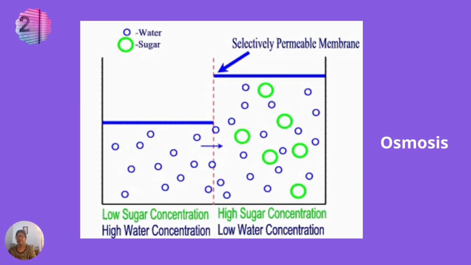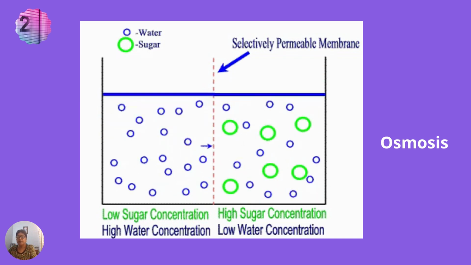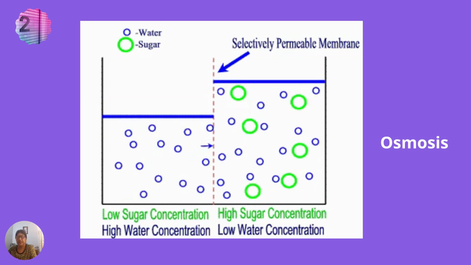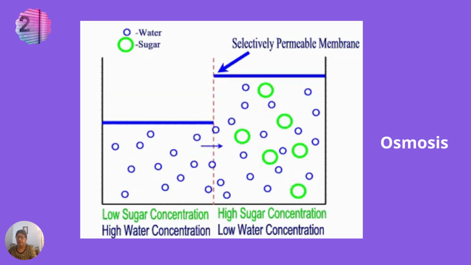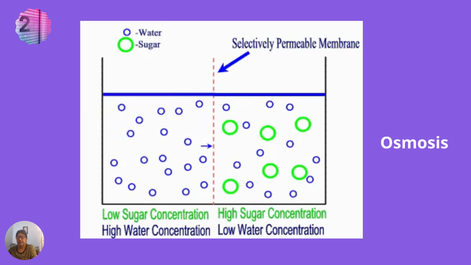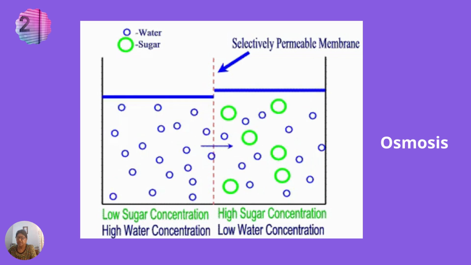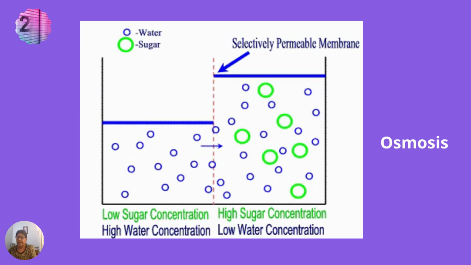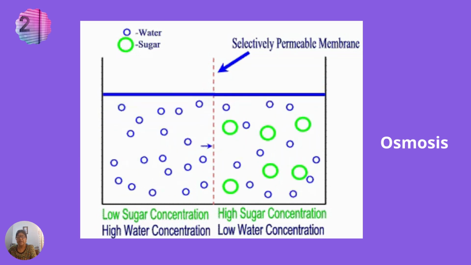What is the direction of movement? It is from an area of high water concentration to an area of low water concentration. In other words, water, which is a solvent, moves from outside through the membrane inside. Sugar, which is the solute, gets diluted and this continues until a balance or equilibrium is reached.